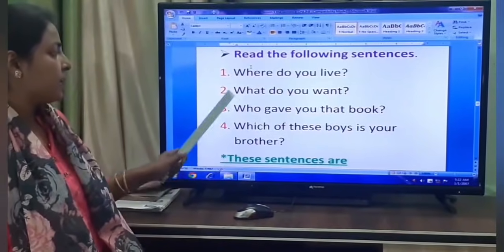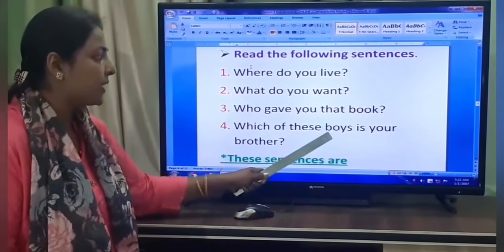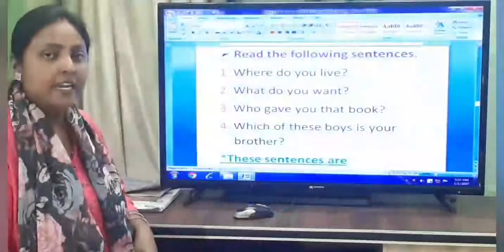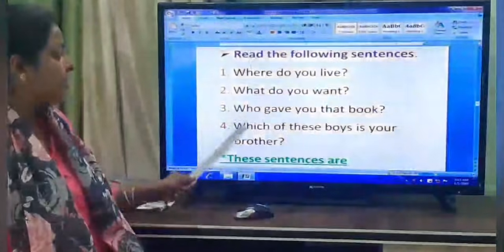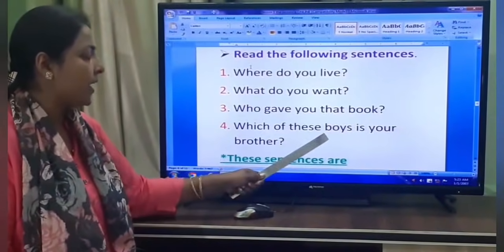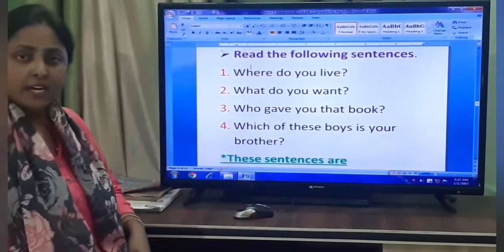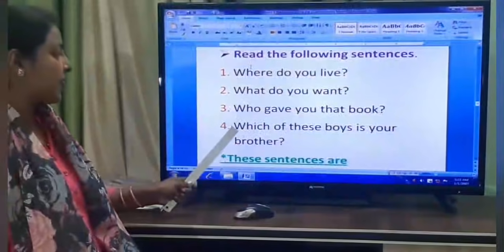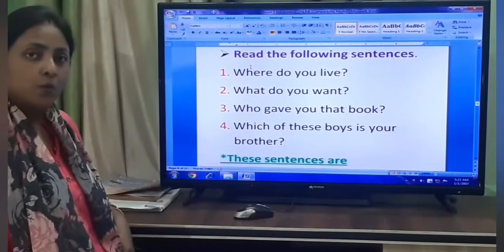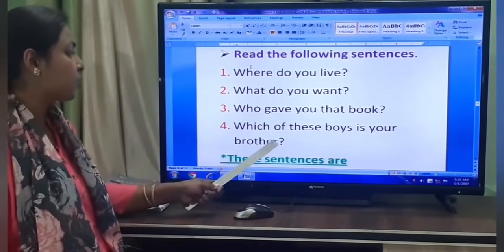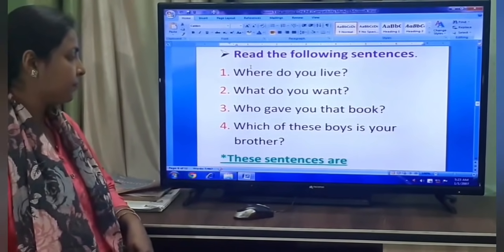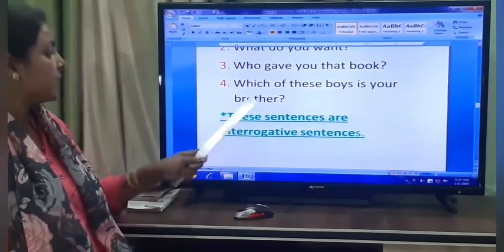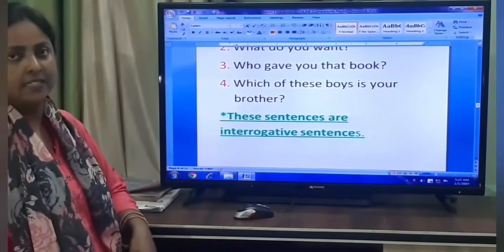Number 4. Which of these boys is your brother? I repeat. Which of these boys is your brother? Now it starts with the capital letter W and it ends with a question mark. These sentences are interrogative sentences.